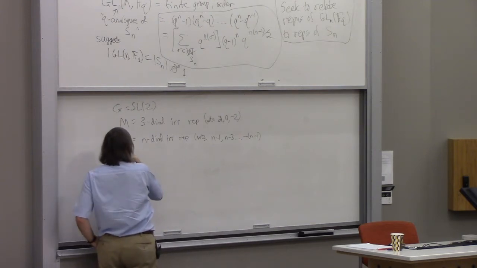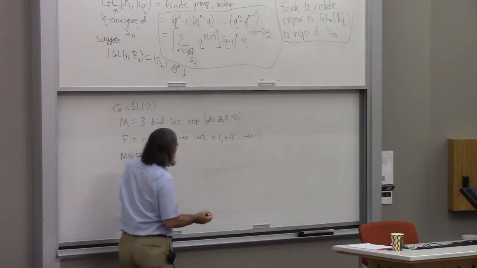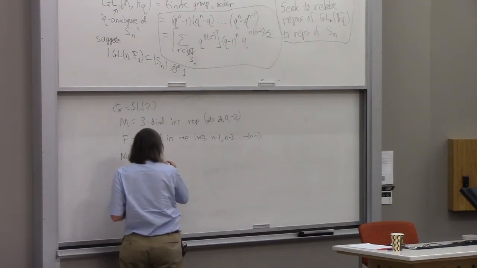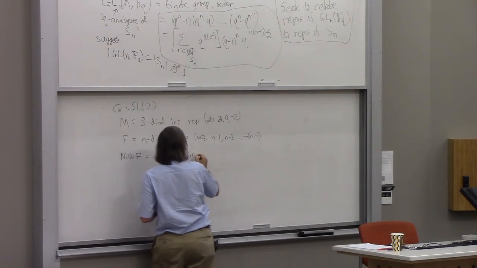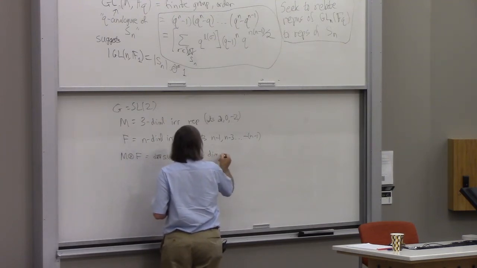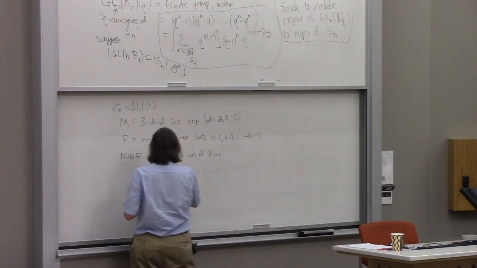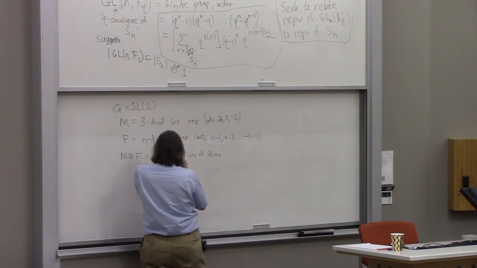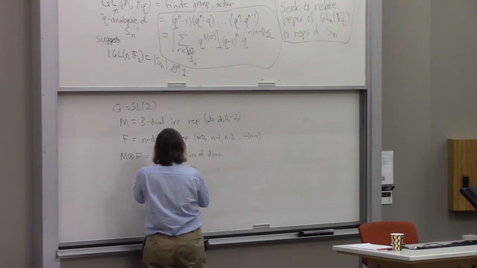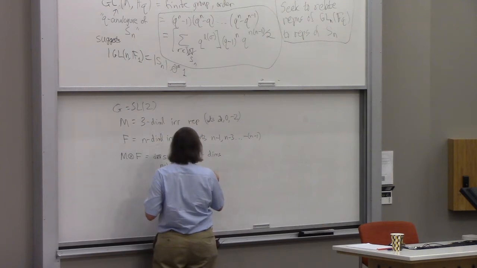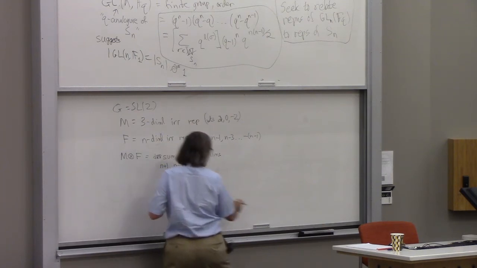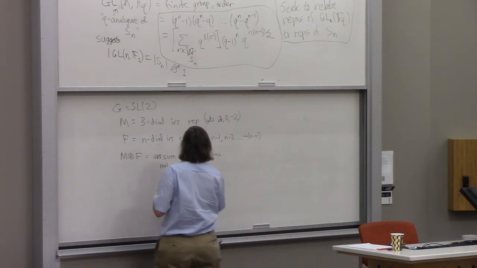Then this M tensor F is a sum of representations. This is the sum of the irreducibles of dimensions n plus 1, n minus 1, all the way down to, it stops almost immediately.